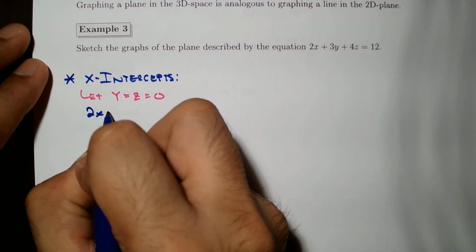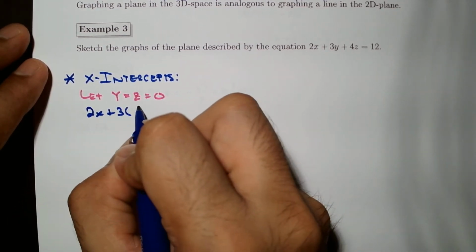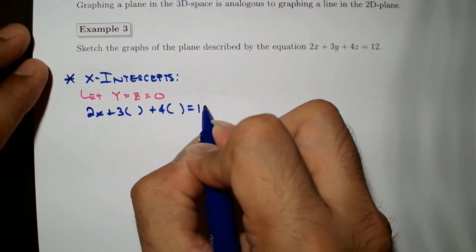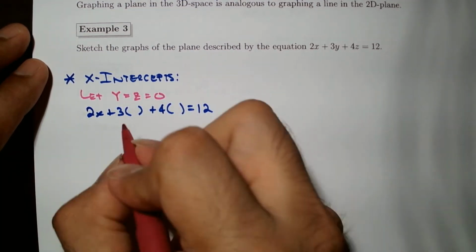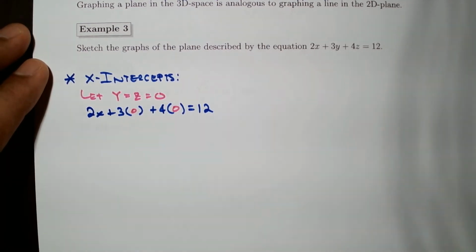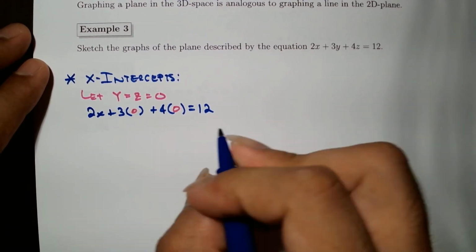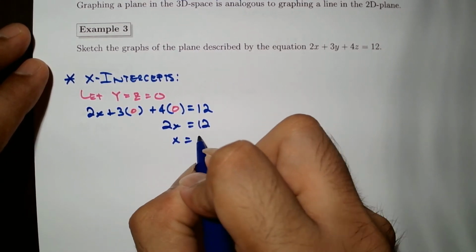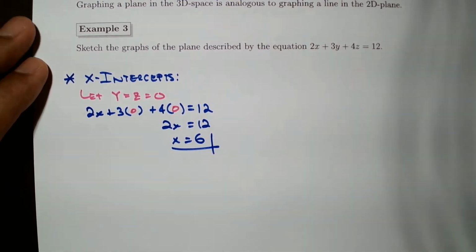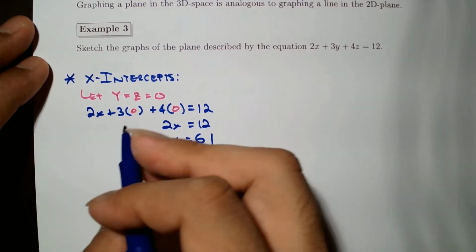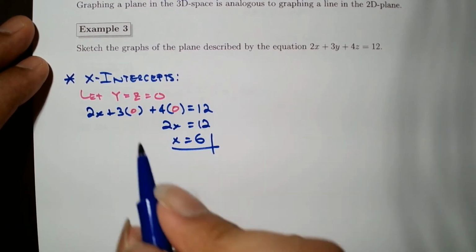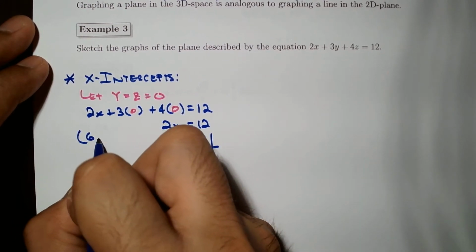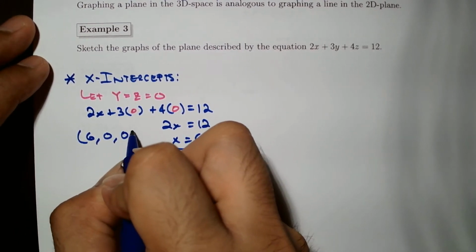So 2x plus 3 times y plus 4 times z, where y and z are 0 in all cases, so those terms get zeroed out. 2x = 12 and x = 6. So the x-intercept, well, in this case there's only one, is (6, 0, 0).